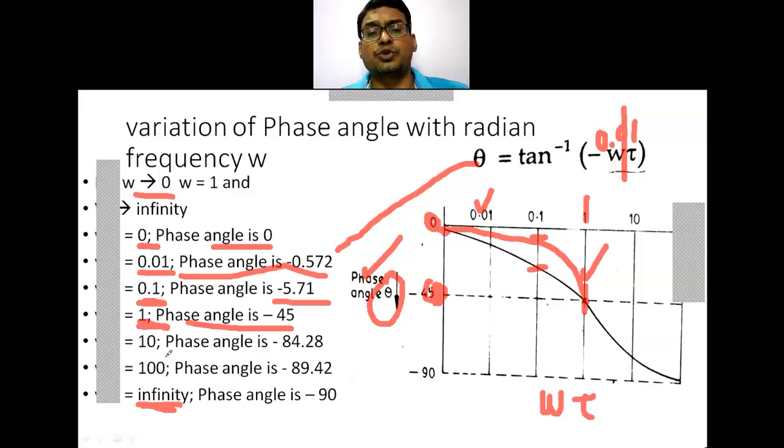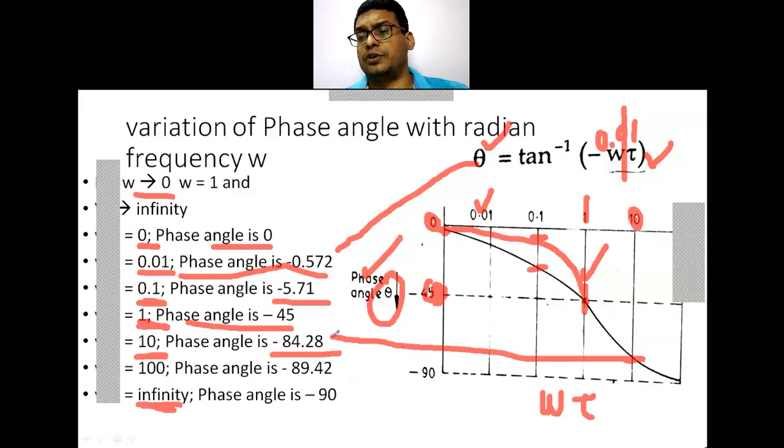Then substitute omega tau equal to 10, calculate the value of theta, and you get minus 84.28. So this value corresponds to this numerical value.